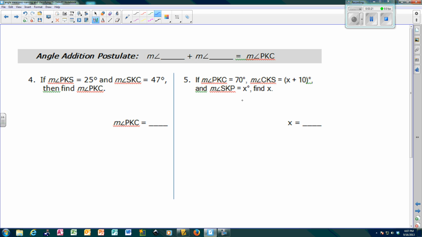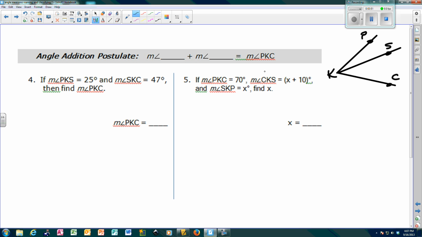And with that said, using that same picture, I'm going to redraw the picture over here. We're going to use this picture for both of these problems. So we've got K here, P up here, S right here, and C down here.